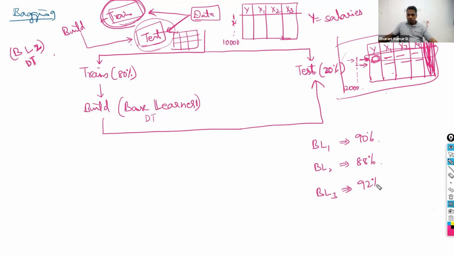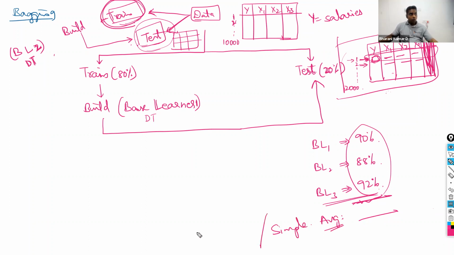Say accuracy is 92%. How do I combine the results? By taking an average. Simple. If I take an average, it will be called simple averaging or what voting?